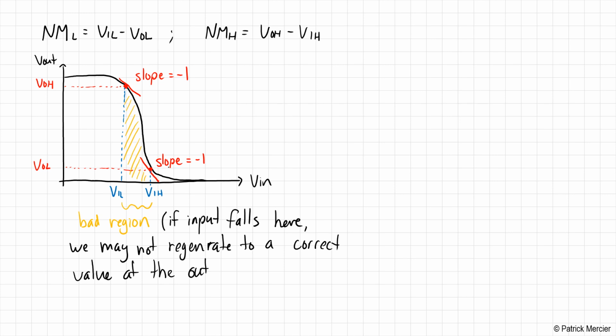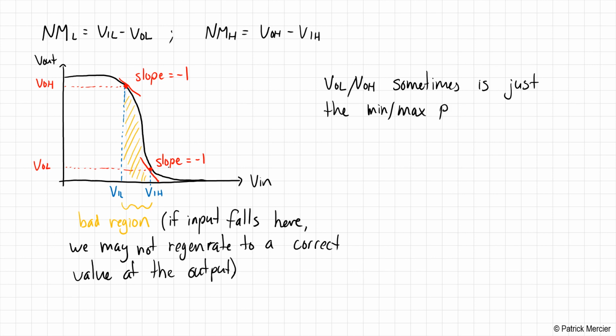So as I said, this is just one possible definition. Sometimes VOL and VOH are just the minimum or maximum possible output voltage.